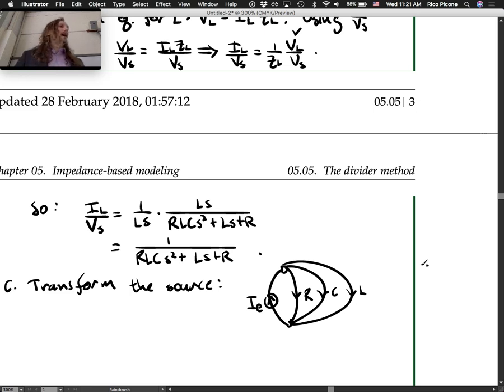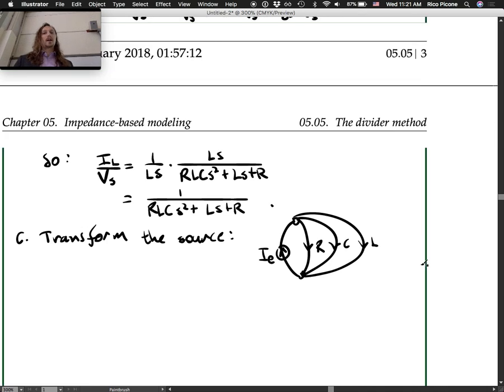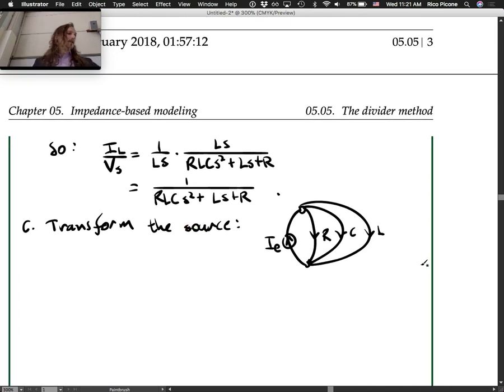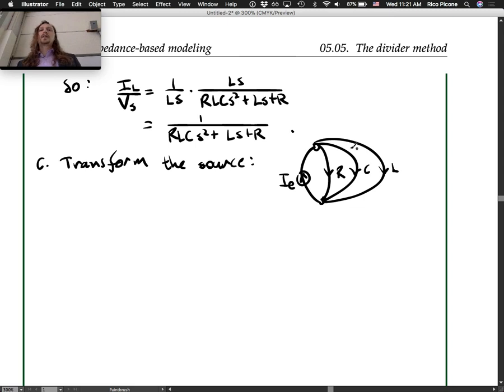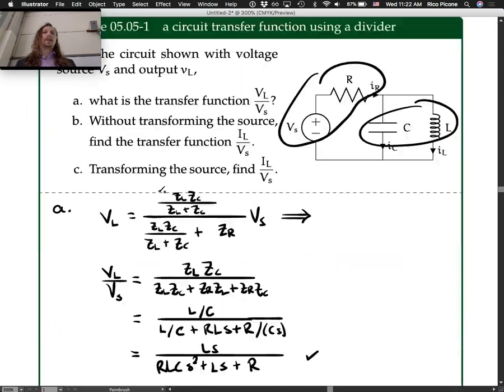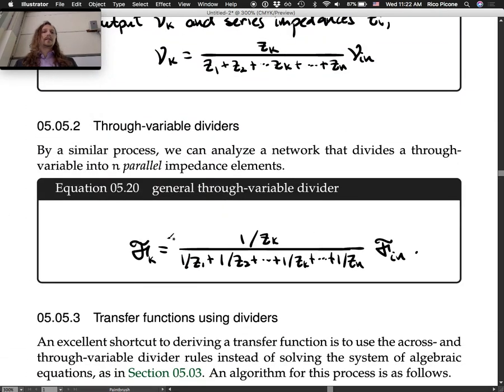So this is exactly a through variable divider, or in the case of electronics, a current divider, right? So a current divider has a nice formula for the transfer function, or for the current through any of its branches, right? So we want to know the current through L. So we can write down that IL is equal to, using the current divider rule, so going back up in this lecture, instead of F, the generalized through variable, it's going to be I, right?